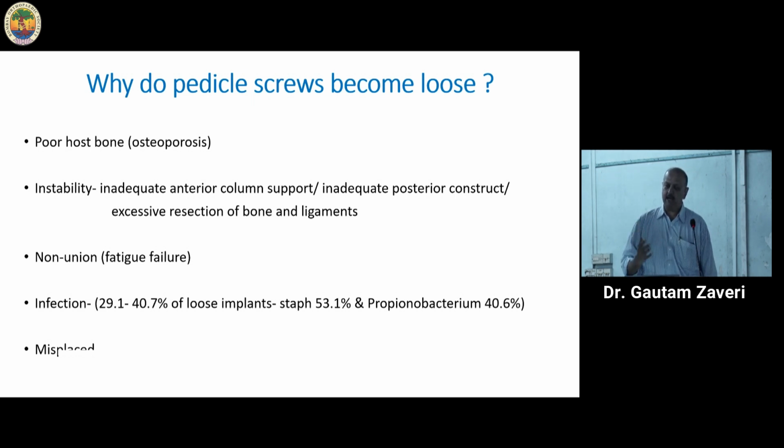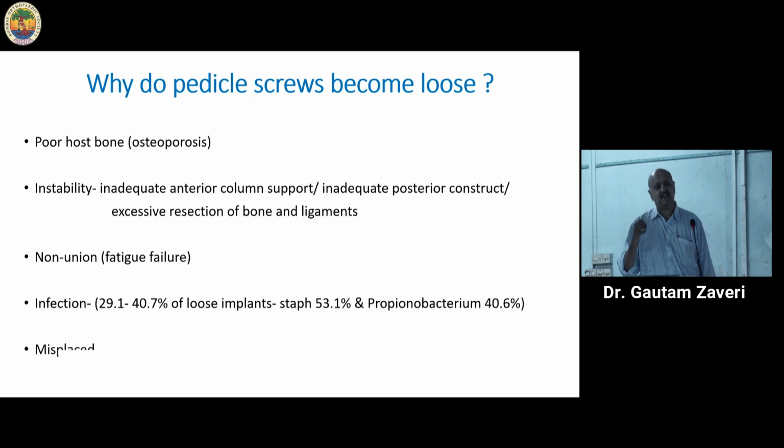Non-union. If the bone does not fuse, eventually the implant will fail, either with fracturing of the implant or pulling out of the implant. What is a very interesting cause is chronic infection. We all know that with acute pyogenic infections, which we get as post-operative wound infections, implants often become loose.